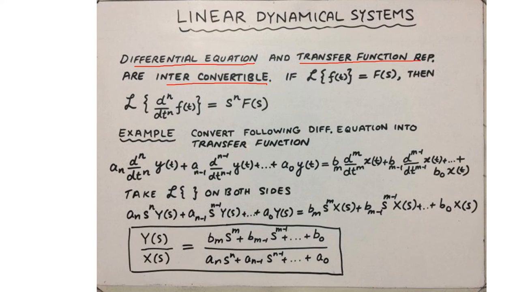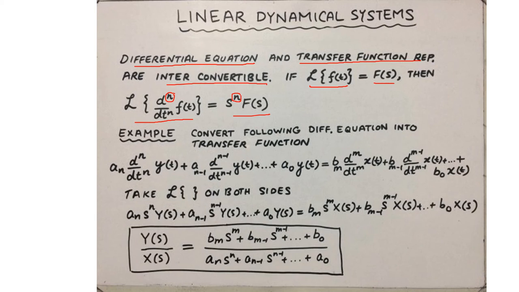And if we generalize the idea of the Laplace of the derivative of some function, then we know that suppose the Laplace of some function f of t is capital F of s, then the Laplace of the derivative of f of t will be s times F of s, and the nth derivative would be simply giving us s to the power n multiplied by F of s in the Laplace domain.